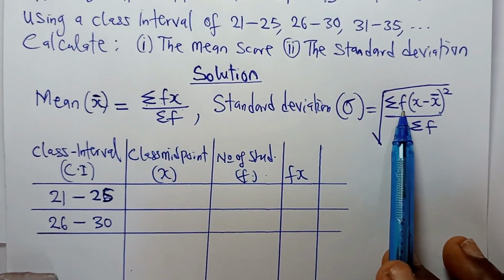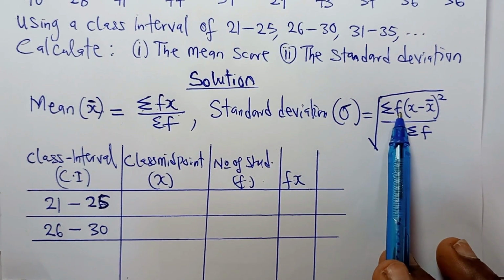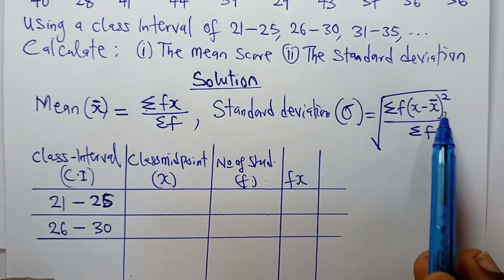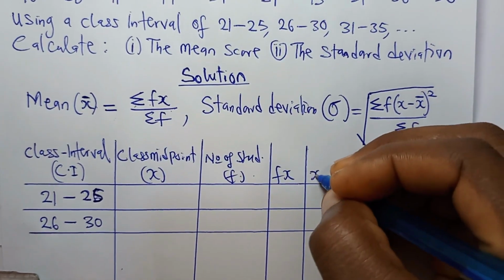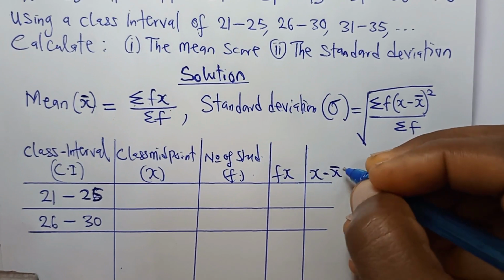After we have gotten the mean, to solve for standard deviation, we need x minus mean. So we will now have x minus mean.